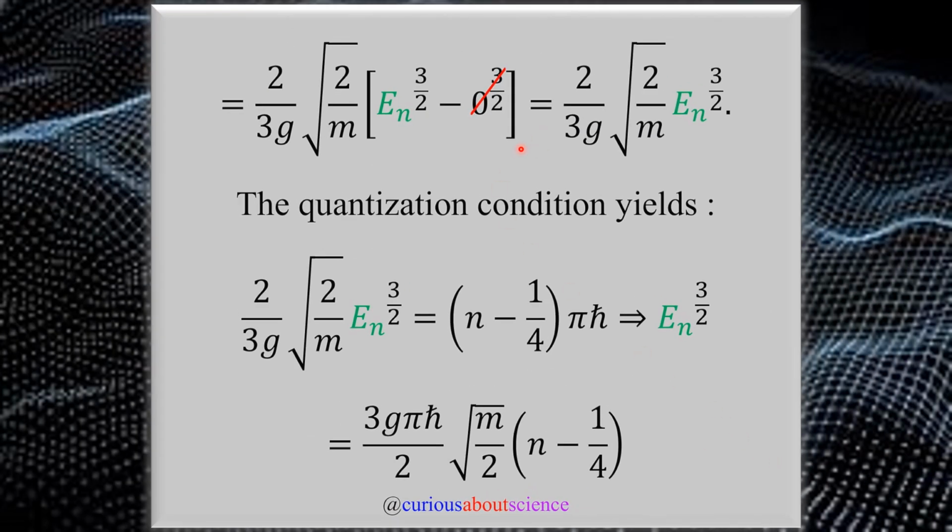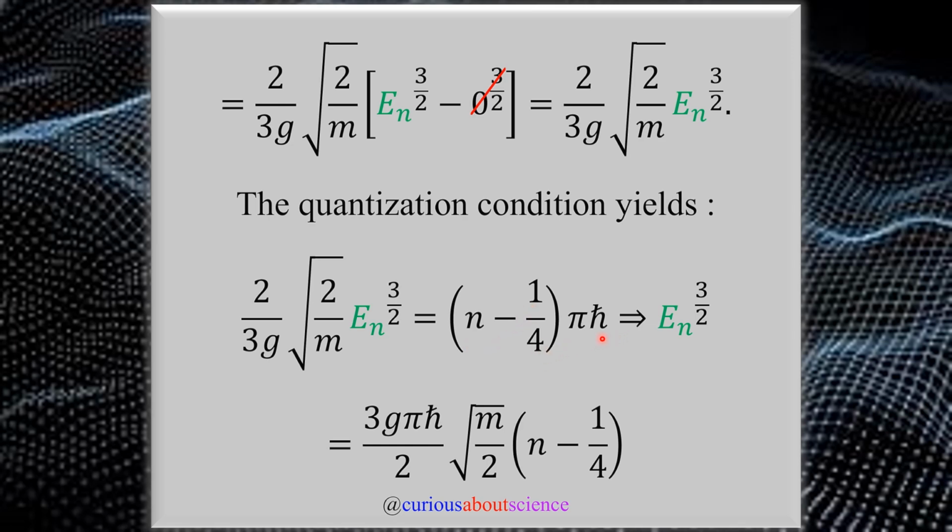So evaluating this, we get our En term here, our 0 term here, but zeros make our life easy. So we finally get our conclusion of the integral, which is 2 over 3g root 2 over m with En to 3/2 power. And if we apply the quantization condition, what we see is that we get n minus 1/4 pi h bar.